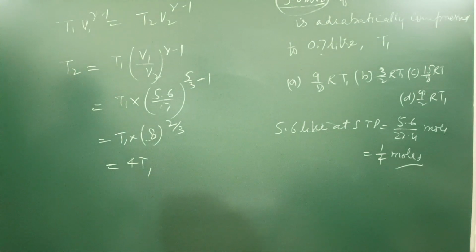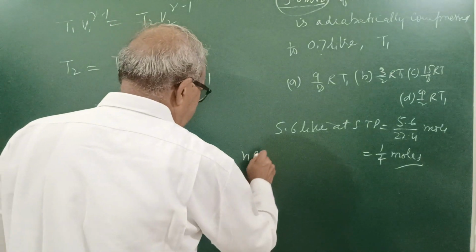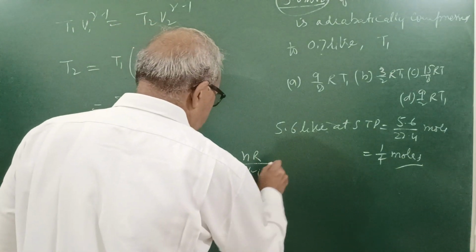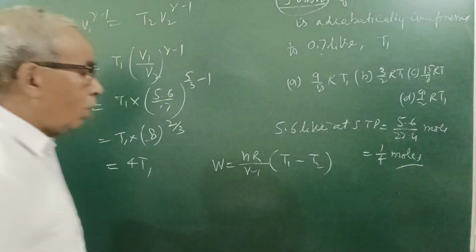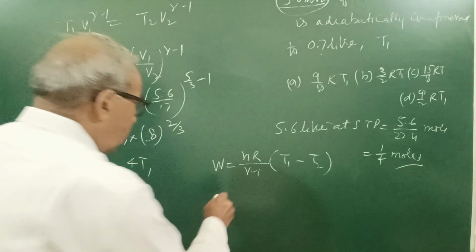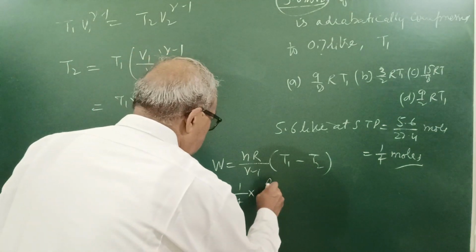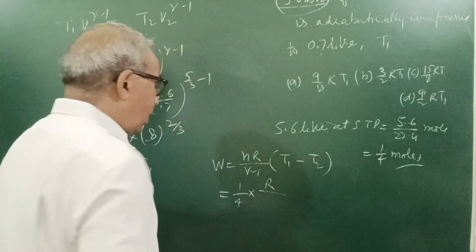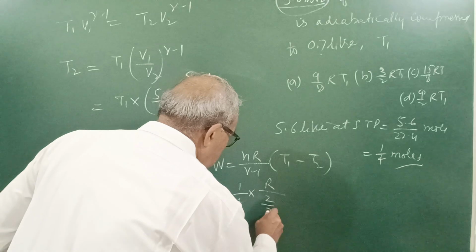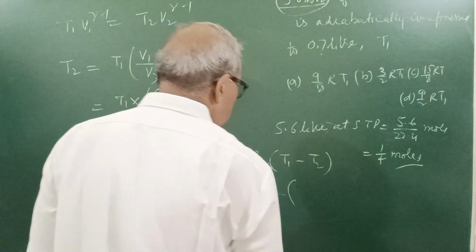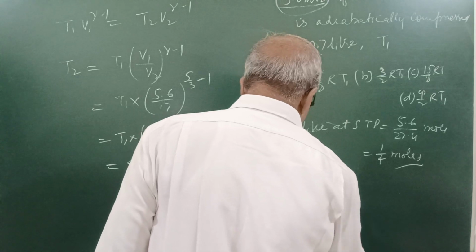Now W is equal to nR upon gamma minus 1 into T1 minus T2. You are asked only the magnitude. n is 1/4, into R upon 5/3 minus 1, which is 2/3, into T1 minus 4T1.